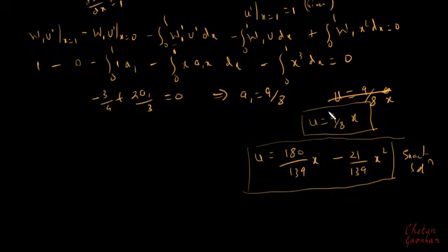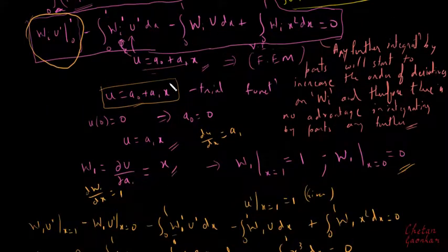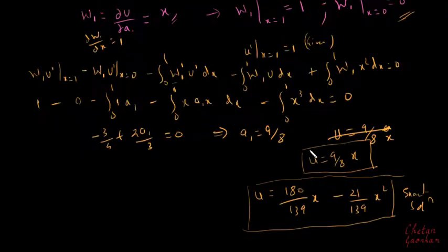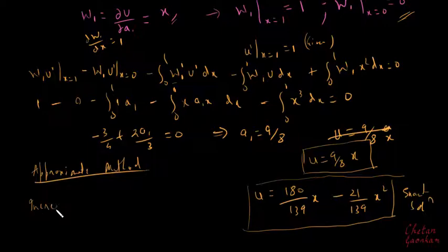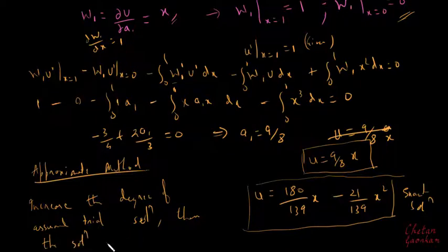But if you consider the quadratic trial function, of course the solution will improve. We know that in any approximate method, if we increase the degree of polynomial, the degree of assumed trial solution, then the solution improves.